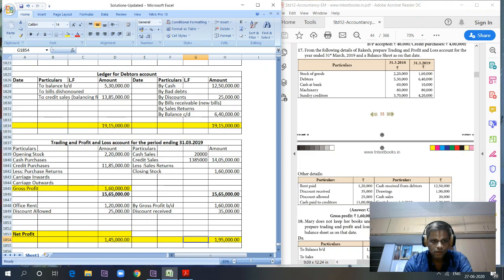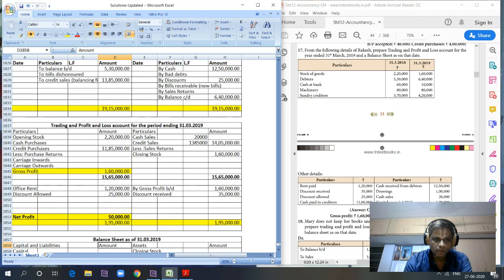Now coming to net profit. Have we accounted for everything or is anything missing? Just make sure that we have discount received and discount allowed. There are no other expenses. Rent paid, yes, we have put that. So now what is the net profit? Net profit is equal to 1,95,000 minus 1,45,000. Net profit is equal to 50,000.